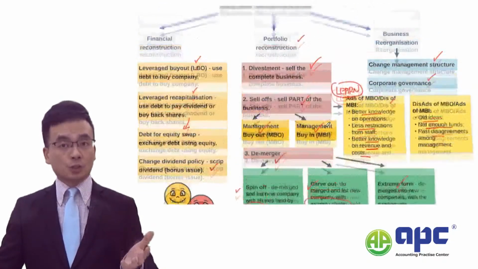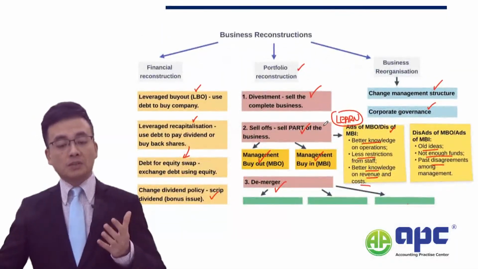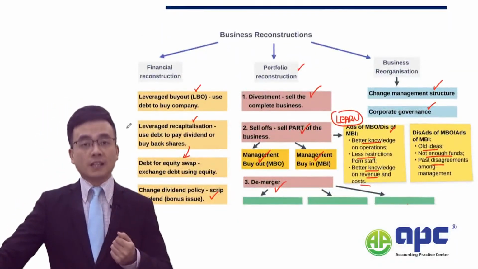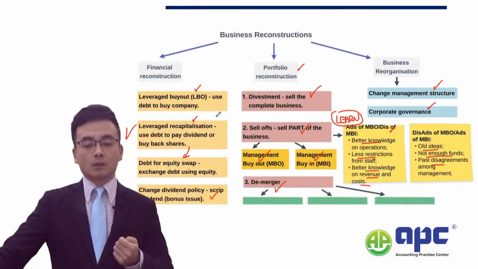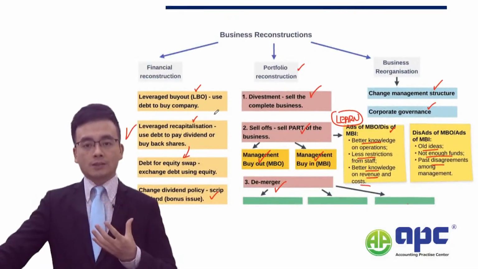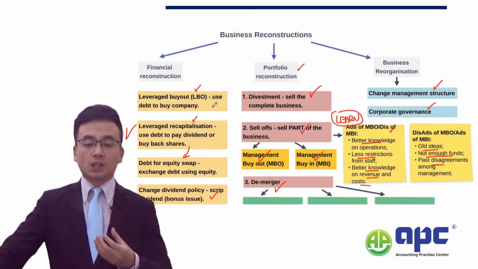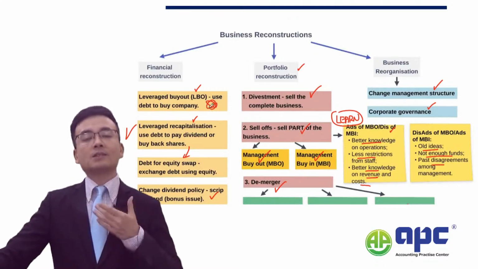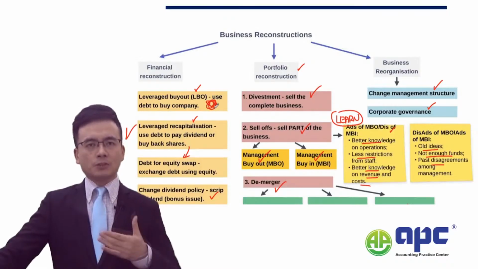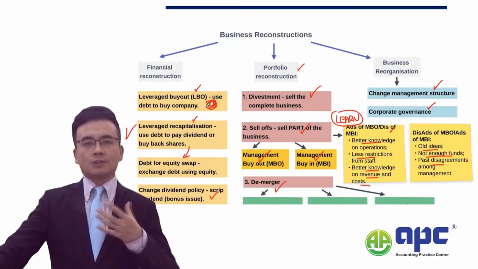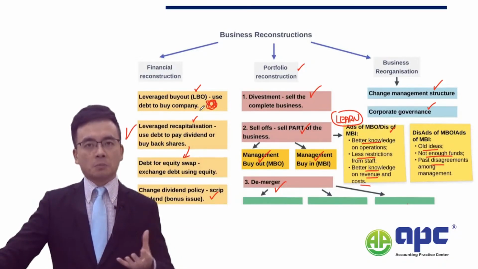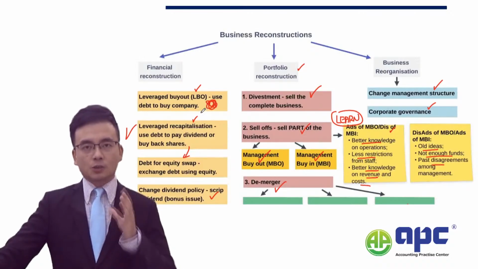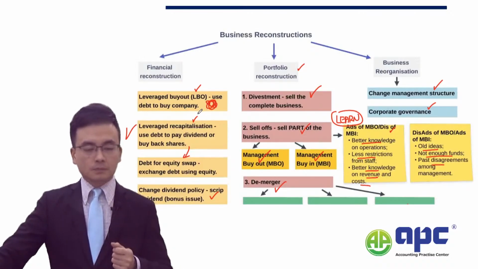Alternatively, related to the computation part, which means leveraged recapitalisation, all right, by forecasting the financial statement. But sometimes the LBO could be given as one of the background information that the company is going to use debt to buy another company and no more than that. So that's what we are focusing on.